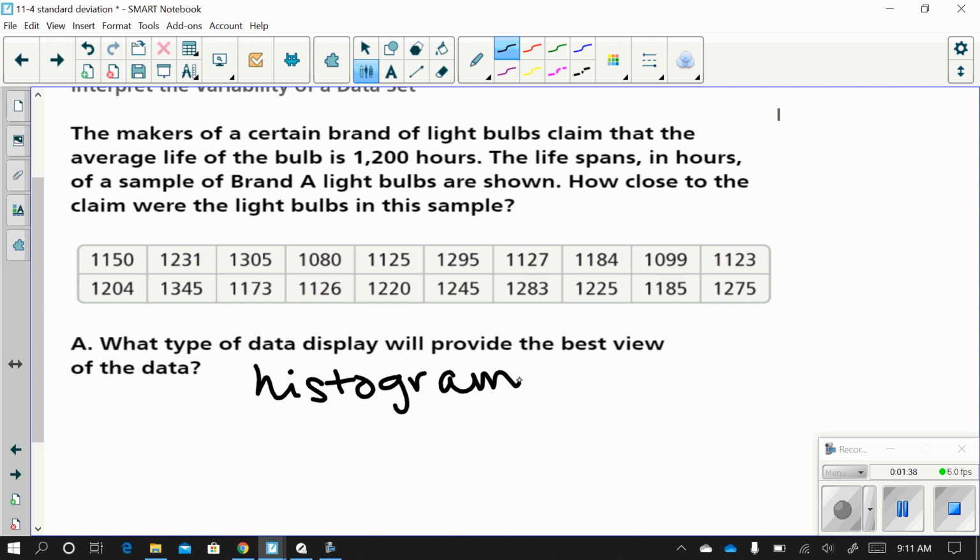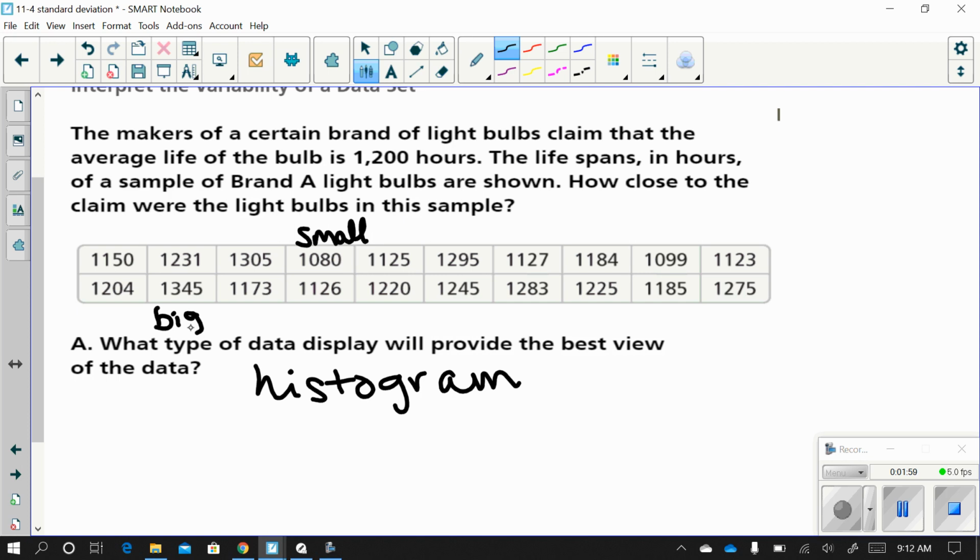So let's see, looks like maybe 1080. Do you see anything smaller? Okay, so here's my smallest. Where's my biggest? I'm seeing 1345. It's my biggest. So I go from 1080 to 1345.